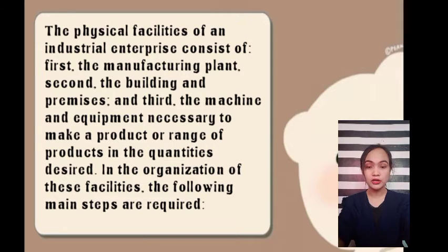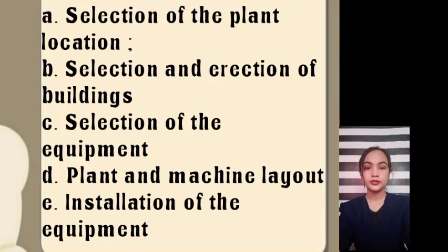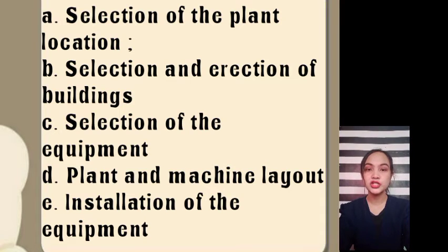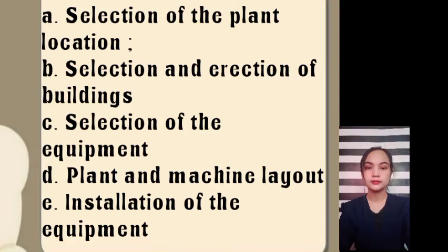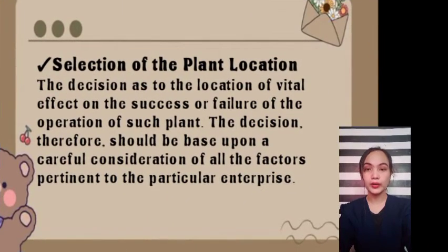In the organization of the facilities, the following main steps are required: A, selection of plant location; B, selection and erection of buildings; C, selection of the equipment; D, plant and machine layout; and E, installation of the equipment. And now let us discuss it one by one.